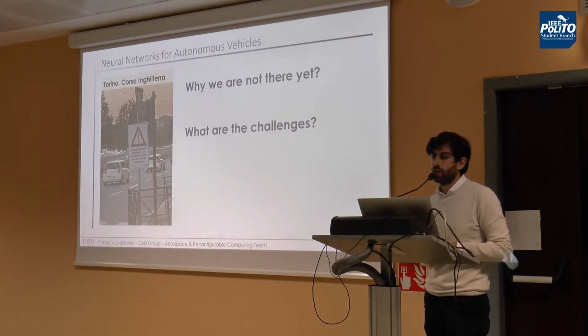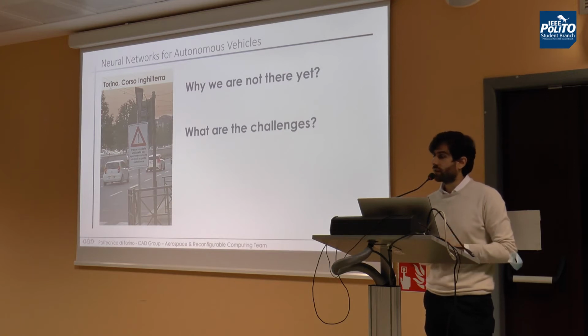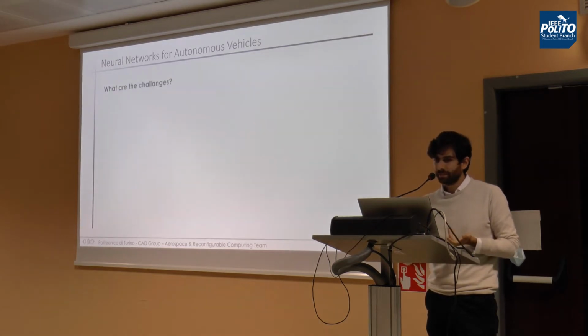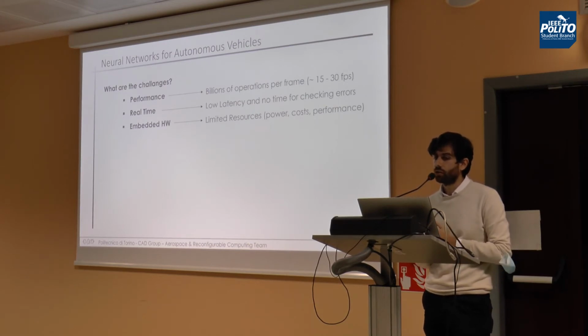However, nowadays we are not in a world that is full of self-driving vehicles. So why are we not there yet, and what are the challenges that are preventing this technology from becoming popular? The first problem is performance, because we need to perform a lot of operations for neural network tasks, and we need to perform them in real time.